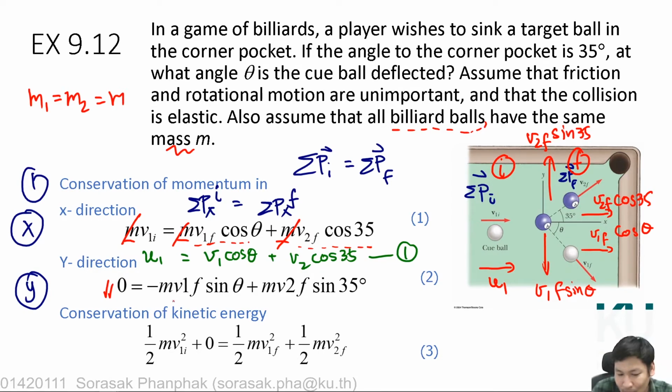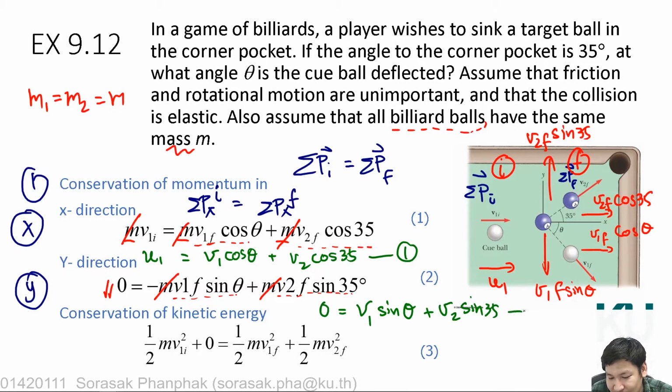Again, you can write it in terms like this, or my preference is 0 equal to v1 sine theta plus v2 sine 35, because the masses cancel. This is your second equation.